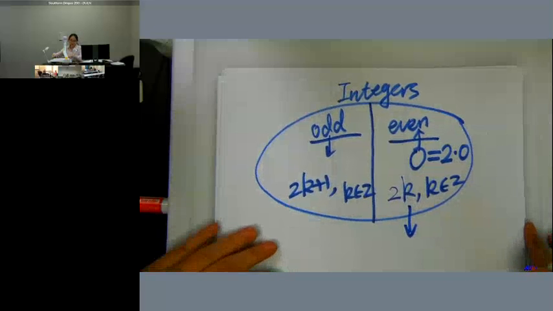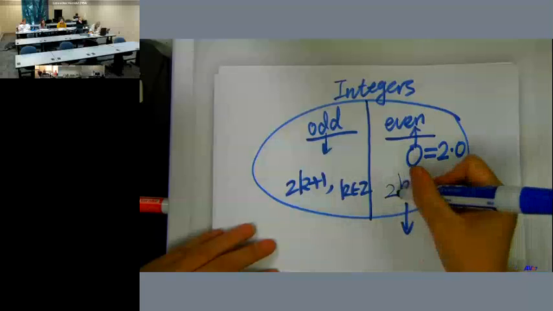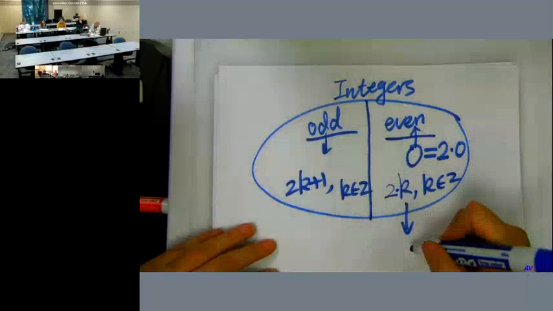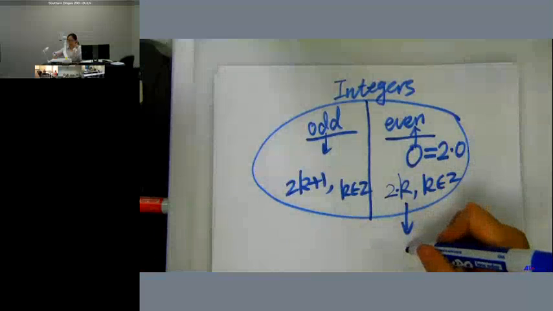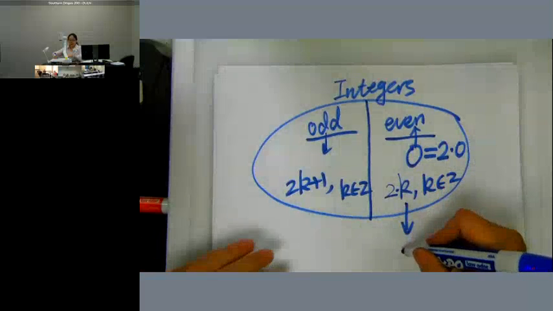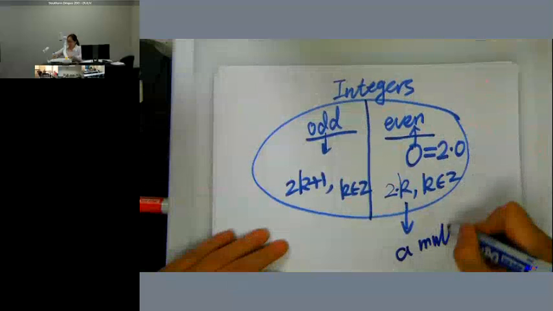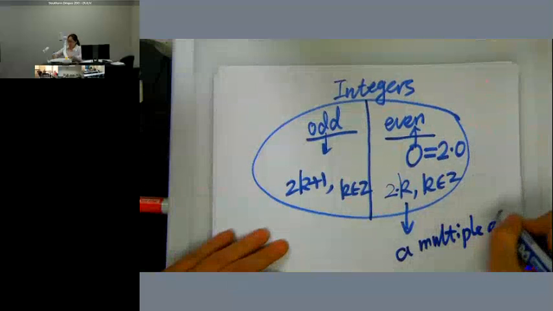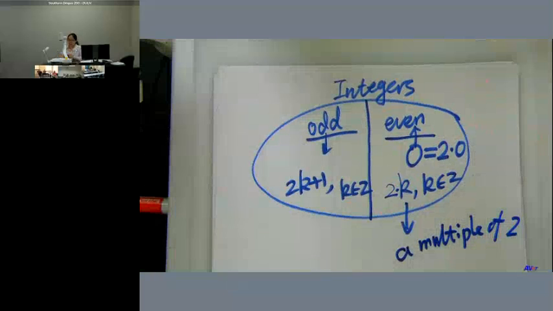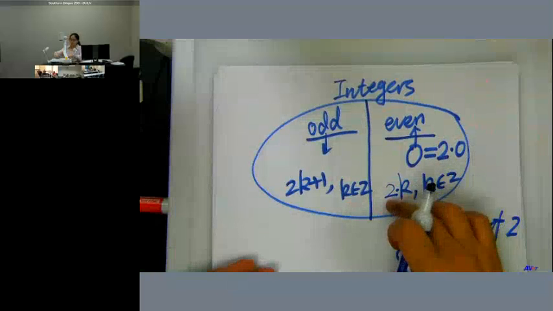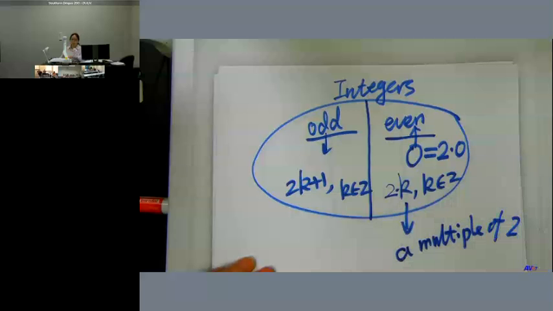What do we call them? 2 times something. Divisible by 2? Divisible by 2, yes. Or a multiple of 2, right? Okay, so I'm going to take this way. A multiple of 2. What is an even number? It's a multiple of 2.